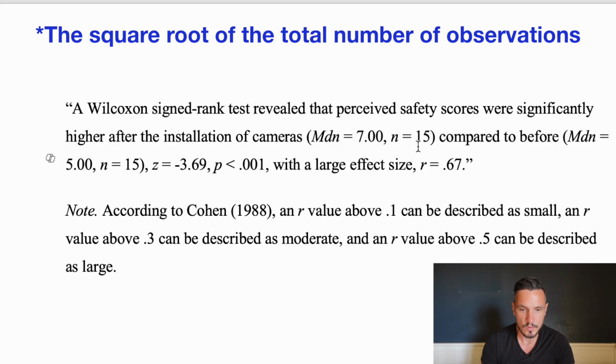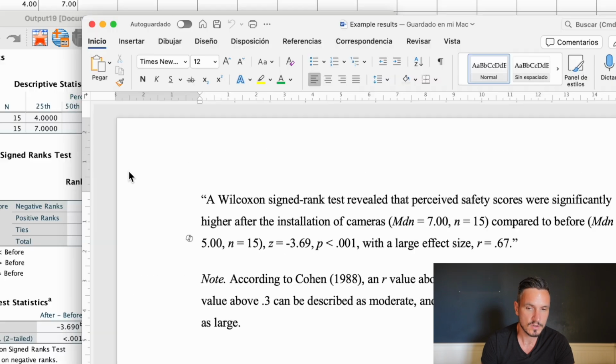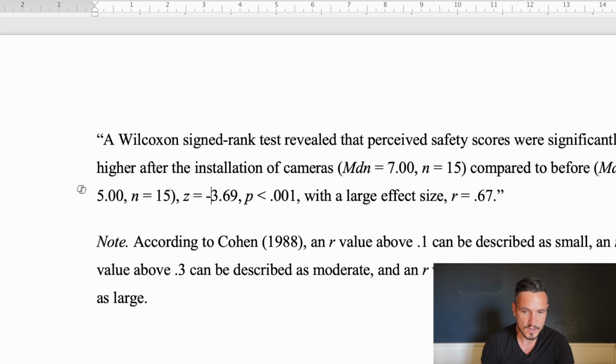So we had 15 people before the installation of cameras, and we had 15 people after the installation of cameras, so we had a total of 30 observations. If we take these numbers and put them into Google, it can calculate the r value for us, and it has told us that we have a value of 0.67 rounded to 2 decimal places, and that's the value that I've reported here.